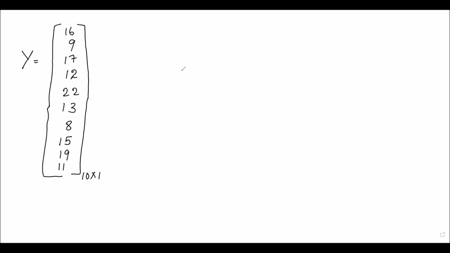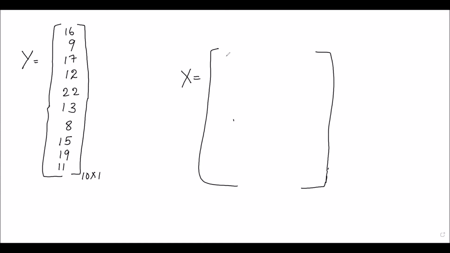So what is our x? Actually, it's going to be a matrix because in order to get the x and beta multiplication, we have to have a column of ones here. How many ones?